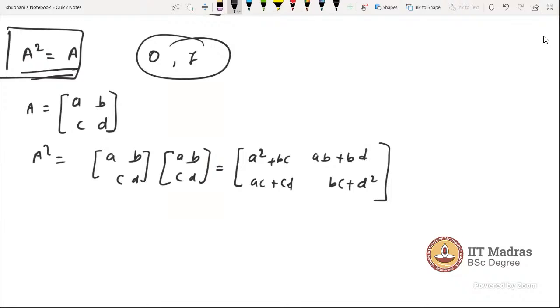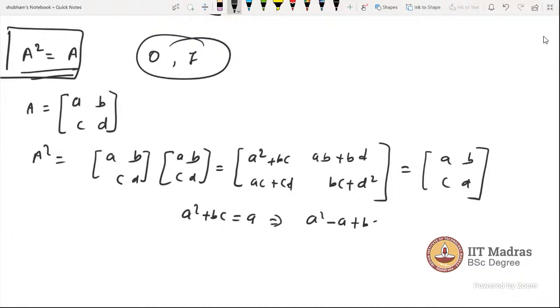Now this says that A square is equal to A, which is our A, B, C, D. We are trying to get the entries. So now if you compare these two matrices, A square plus BC is equal to A, which you can write as A square minus A plus BC is equal to 0.